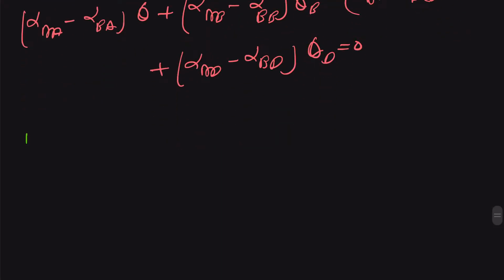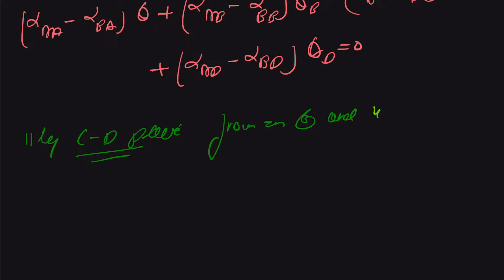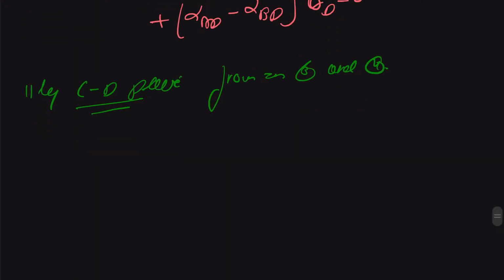So similarly for our CD pair we can use equations 3 and 4. We are going to get almost identical, but the variables will be different.